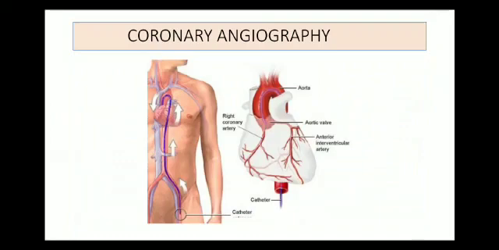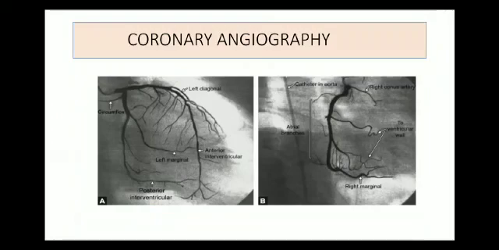A catheter is a thin hollow tube that you are passing. So it will go to the heart. You can take the help of X-rays to locate it properly. Once the catheter is placed, you will inject a contrast material, a dye, and then X-rays can be taken to see how the dye is moving into the heart. So the dye will highlight the blockage areas. This is the picture that you will see. The blood flow to the heart can be seen.